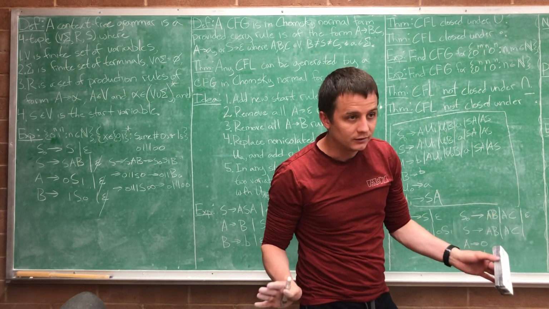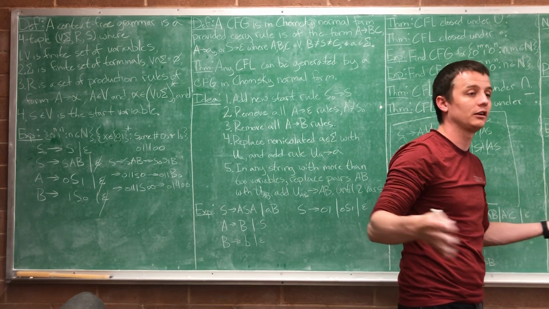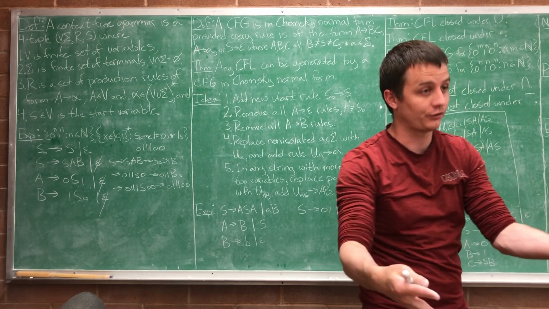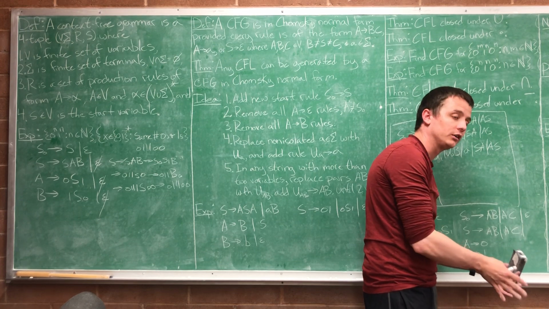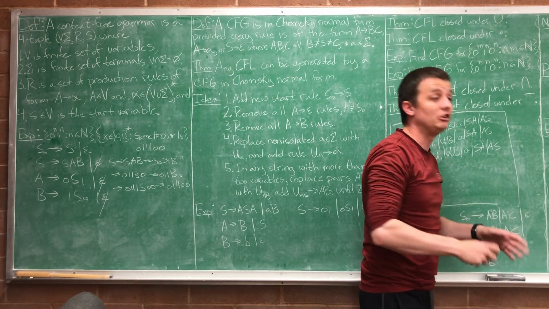But the Chomsky normal form grammars are a subset of just context-free grammars. Every Chomsky normal form grammar is a context-free grammar. Not every context-free grammar is a Chomsky normal form context-free grammar. But any context-free language can be generated by both.